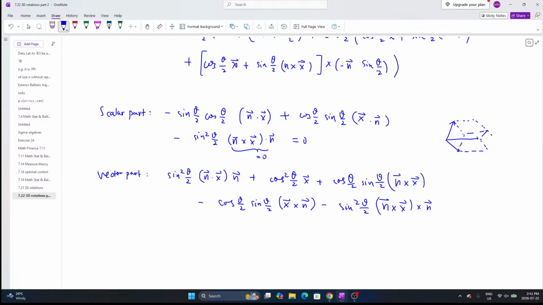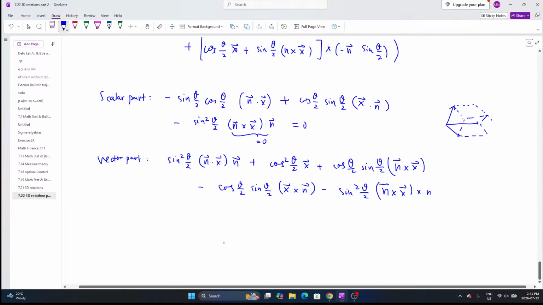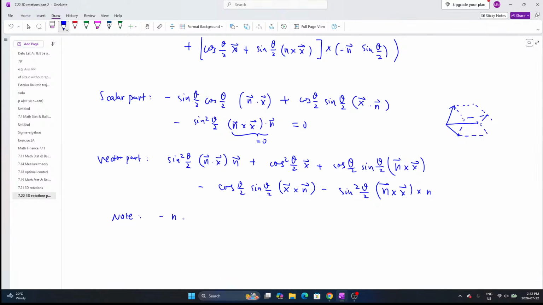So first of all, notice you have minus x cross n, which is just n cross x. The anti-symmetry I was saying. X cross n, taking the minus sign, is just n cross x.